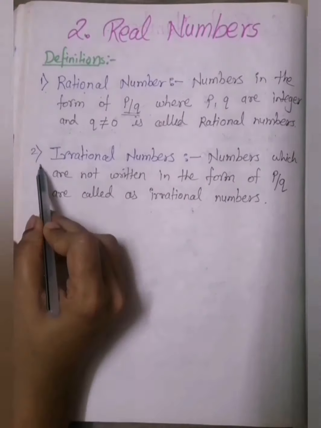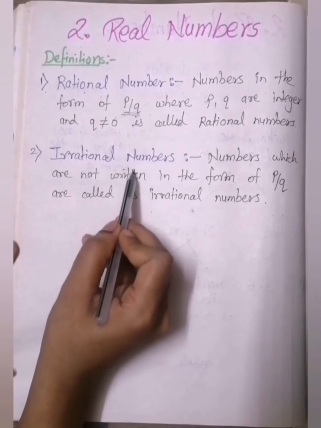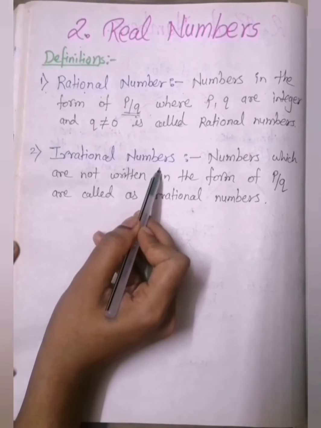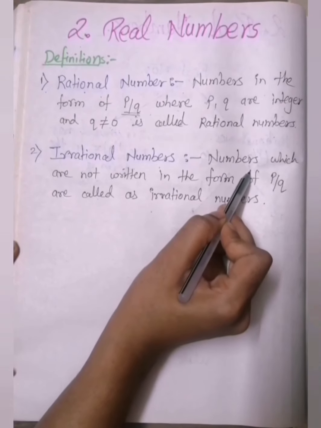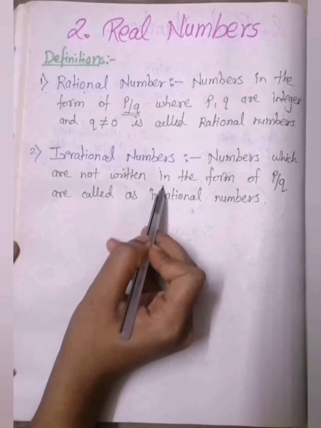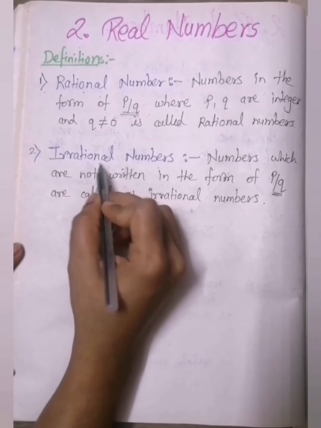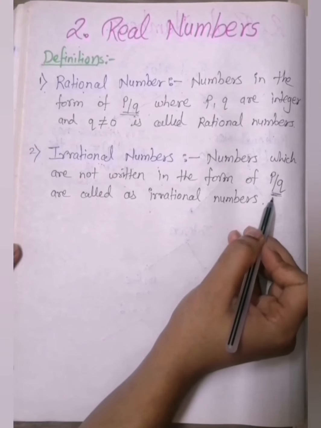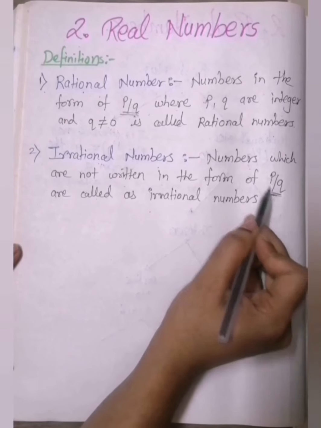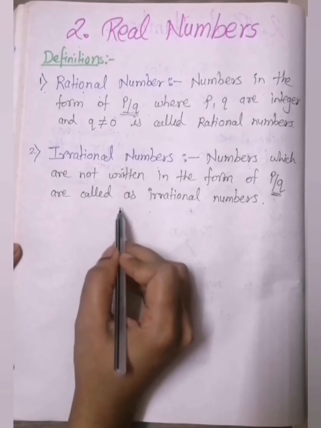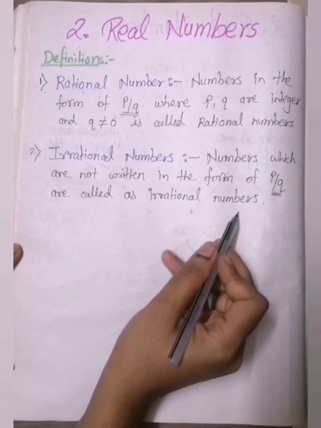Clear? Now look at the second definition, the irrational number. Irrational numbers are numbers which cannot be written in the form of P by Q, meaning we cannot write them in fraction form. That number is called an irrational number.